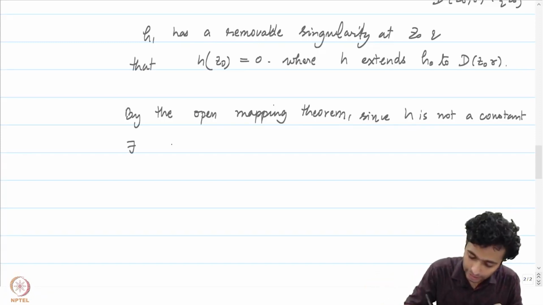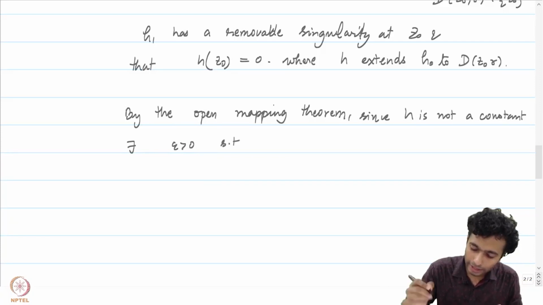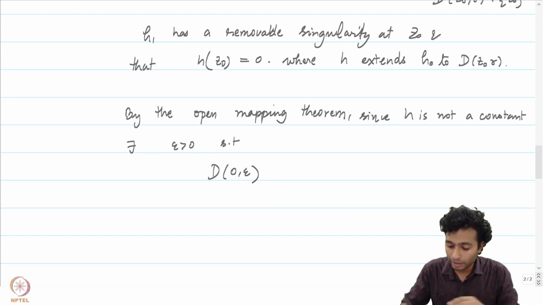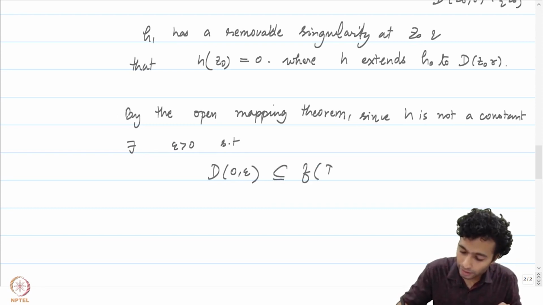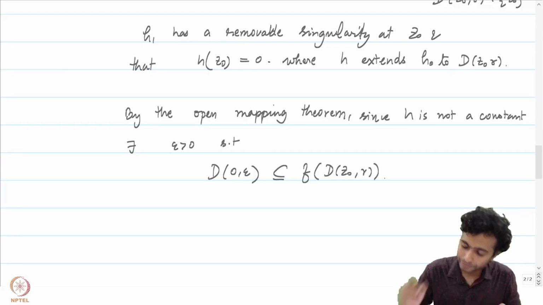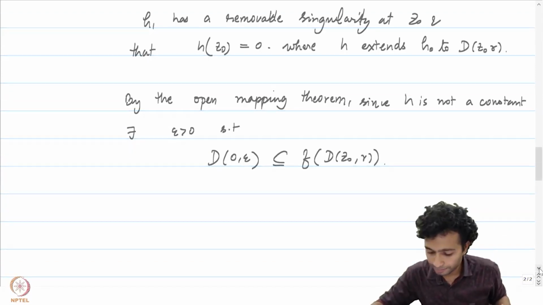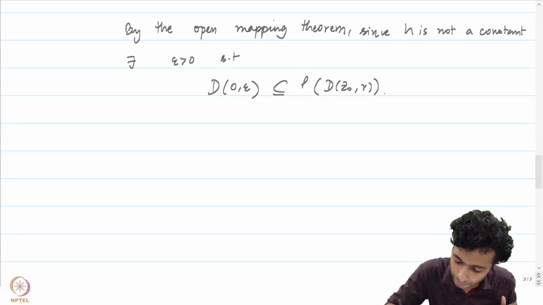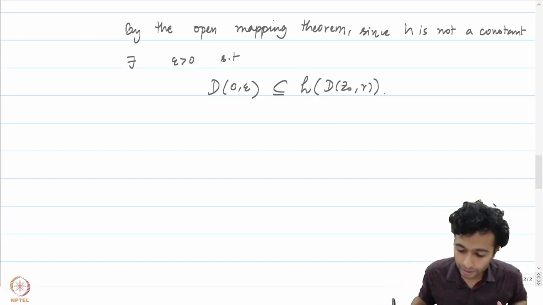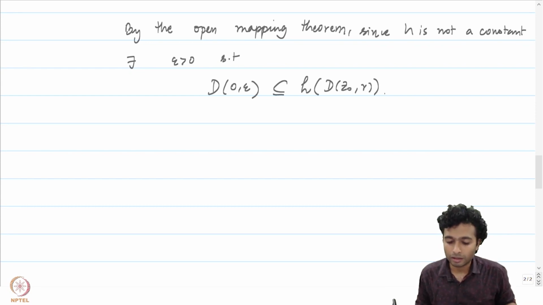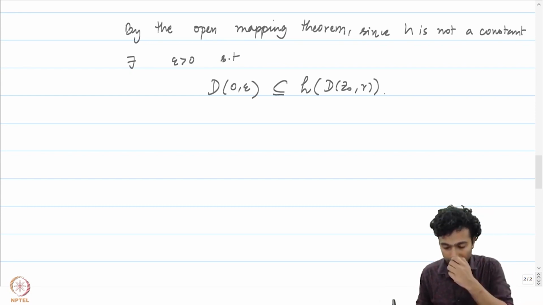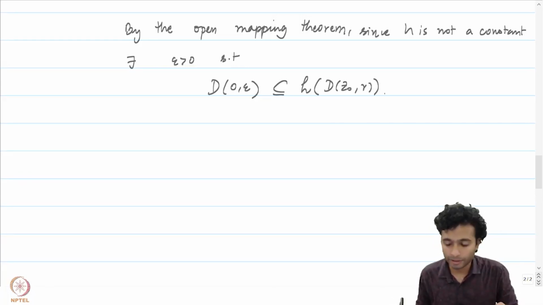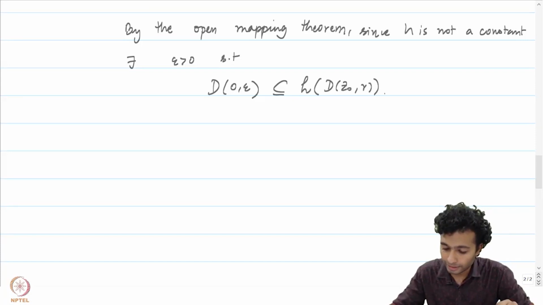That means there exists epsilon positive such that D(0, epsilon) is contained in h of D(z0, r). It means that any point in the disk of radius epsilon around 0 is in the image of D(z0, r) under h because of the open mapping theorem. Remember that h is defined on D(z0, r).